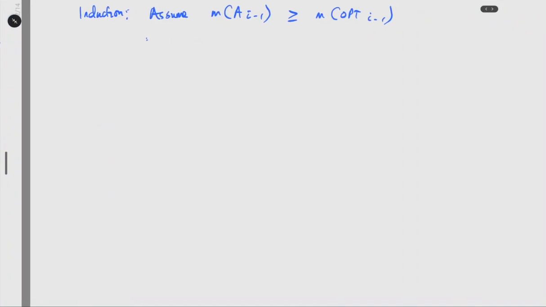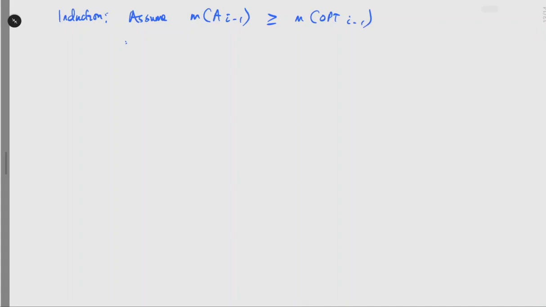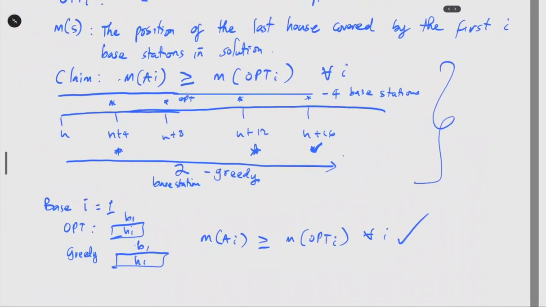So we can see from the illustration we gave that for a given number of phone bases, the distance covered by greedy is more, just like I said in this illustration. If we were to use only 2 phone bases, this and this, the other algorithm stops here, but greedy stops at H plus 16.